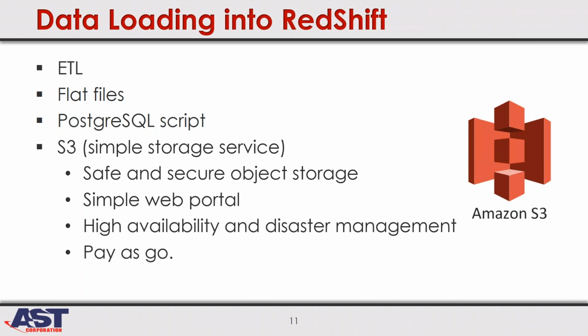So we can upload 5 terabytes of data at a time into S3. Once we are getting the data into S3, that means we already have the data in Amazon Web Services. So we just have to get the data from the S3 bucket into Redshift. To do that, Amazon gave a special command, and an easy way to do it is using the COPY command, which I'll show you in the later demo.